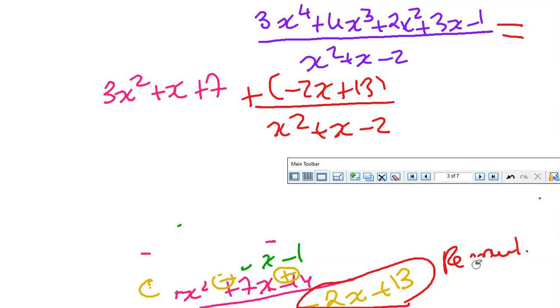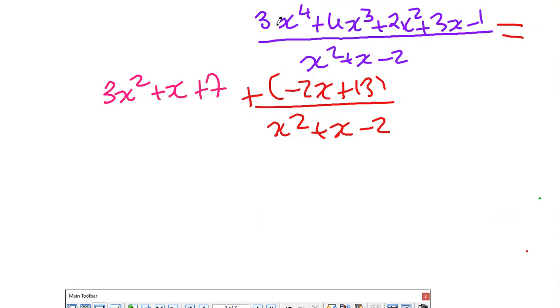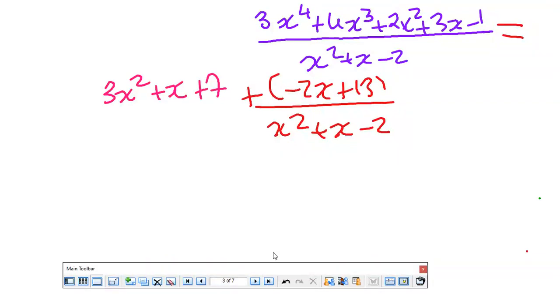Why, miss, do I write it like this? Because, guys, if I am saying that this expression here, the numerator, I can replace it by what? I can replace it by 3x squared plus x plus 7 times x squared plus x minus 2, plus the remainder. So I will write it this way to see why I can write it like this.